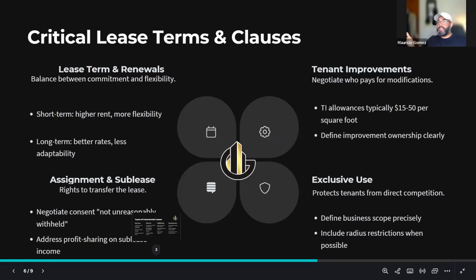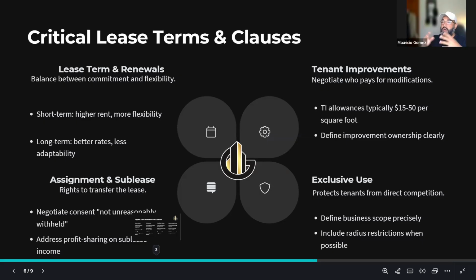That's basically the landlord saying, I know that there needs to be work done here, and so I'm willing to reimburse some or all of the cost of the tenant improvements in order for the tenant that's coming in to build out whatever it is that they want to build out. The more value add that the tenant is going to give this space, the more open the landlord is going to be for reimbursements. And I'll explain that.